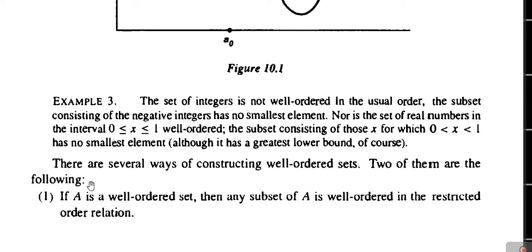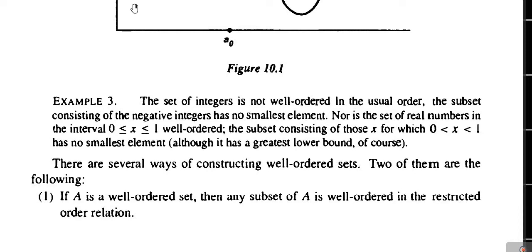Next, there are some ways of constructing well ordered sets. Out of these, two important ones we are going to study. The first one is that if A is a well ordered set, then any subset of A is well ordered in the restricted order relation.